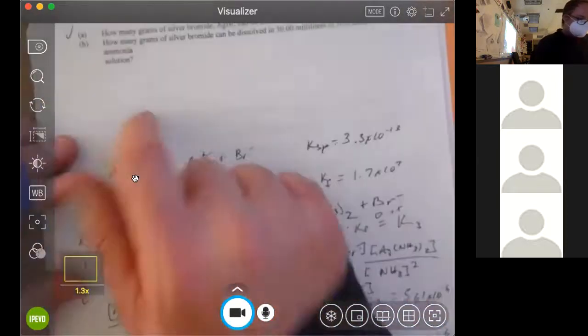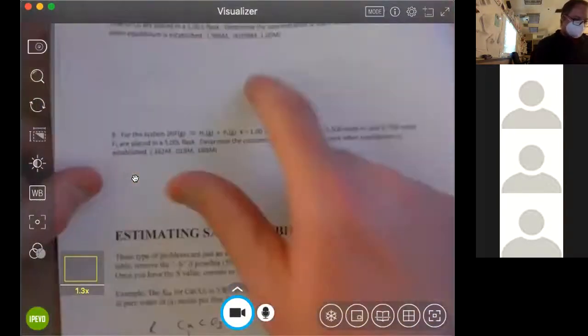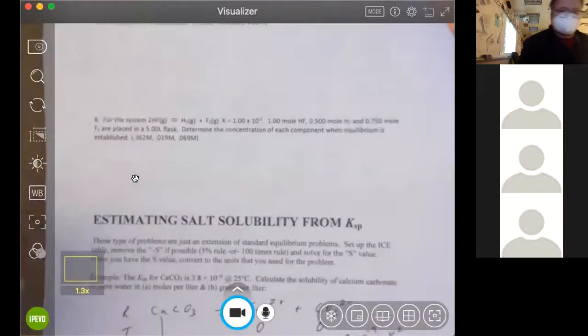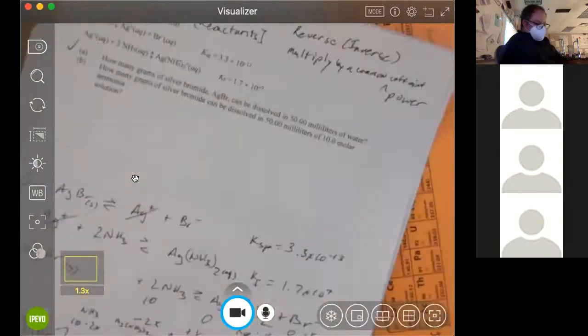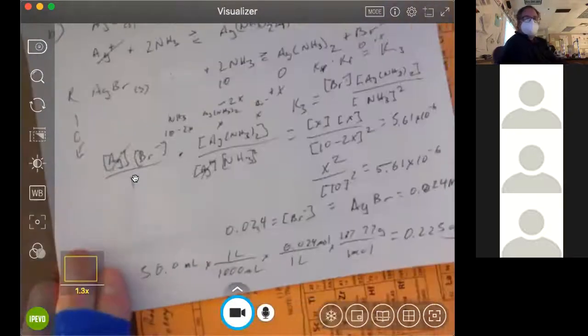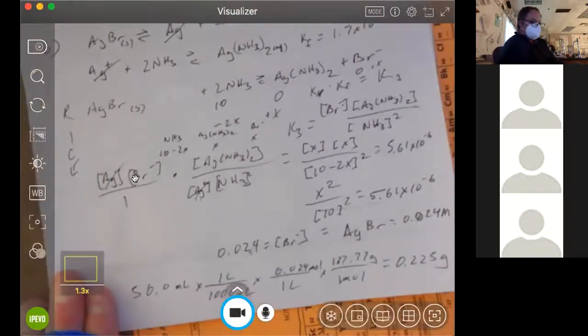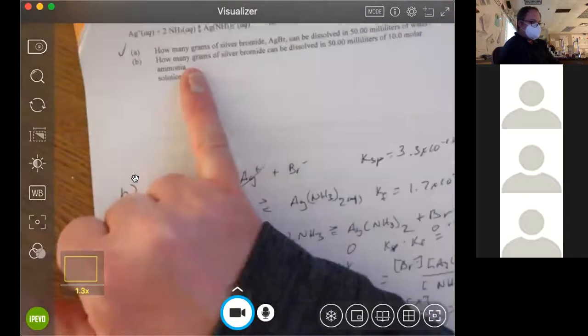All right, so I suggest you do A up here, and I would try these problems. I'll post the answers to those later today. Again, that's the work that is needed for that question.